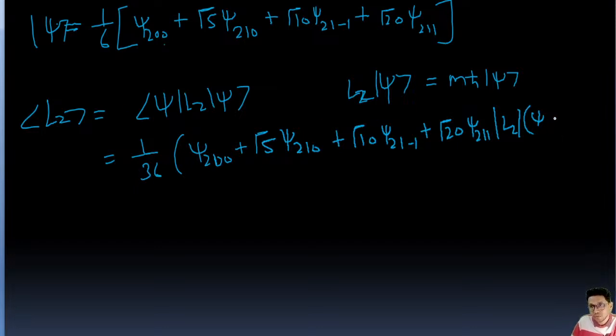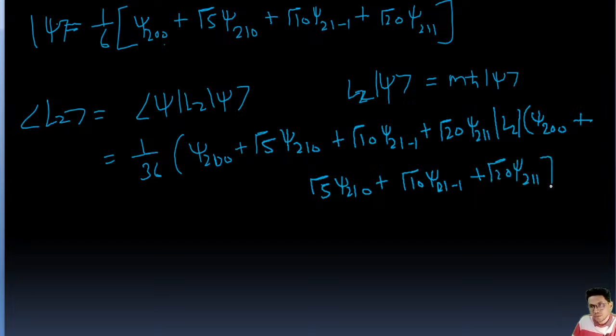So this is going to be psi 200 plus root 5 psi 210 plus root 10 psi 21 minus 1 plus root 20 psi 211. So we'll solve it.